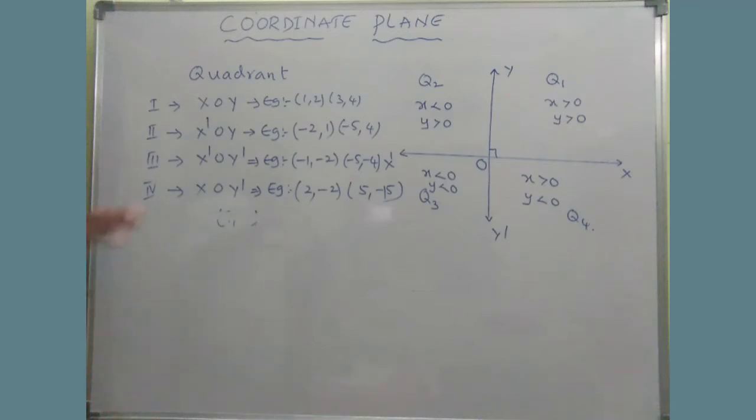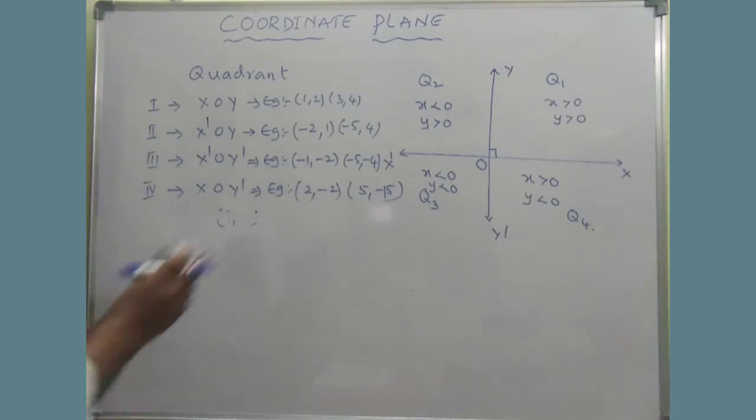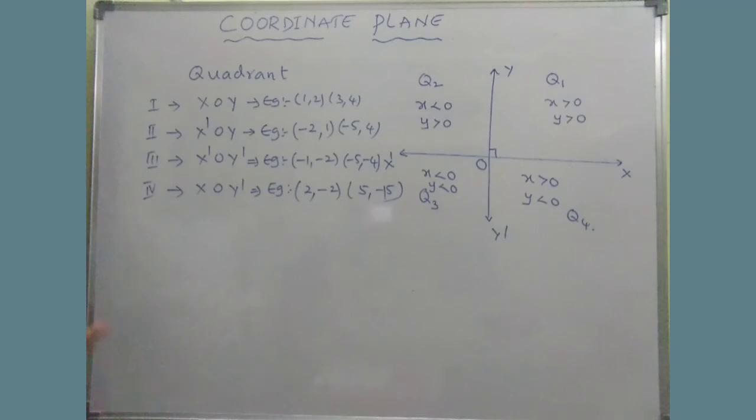So this is the way, by observing its x coordinate and y coordinate, we can easily locate the position of a point. I mean whether the point lies in the first, second, third or fourth quadrant. So the sign of the x coordinate and y coordinate will help us decide the location of a point in the coordinate plane.